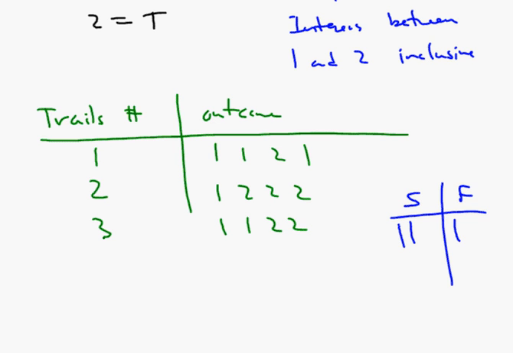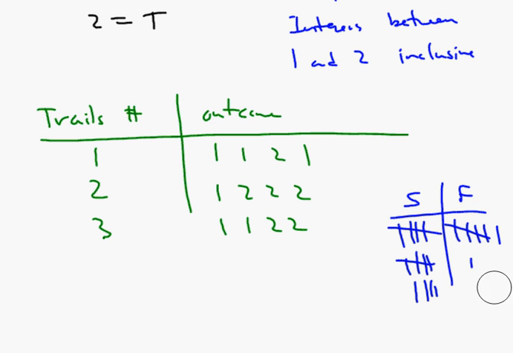Let's do a whole bunch more trials. So we got a success and a failure. Success and a failure. 2 failures. 2 successes. Success and a fail. 2 successes. Oh, sorry, my bad.